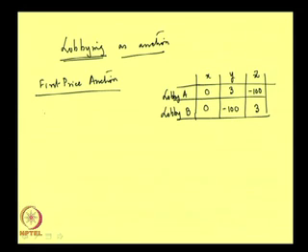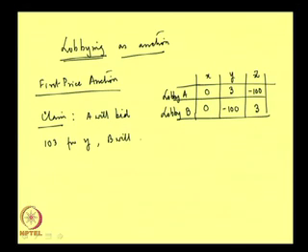Now, the claim is the following. Claim is that A will bid 103 for Y, B will bid 103 for Z, and that is a Nash equilibrium.